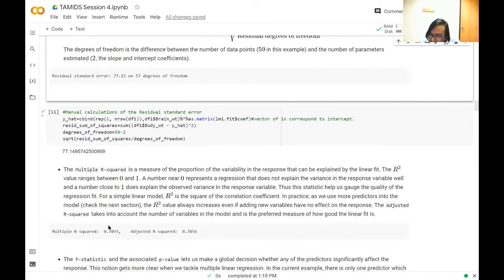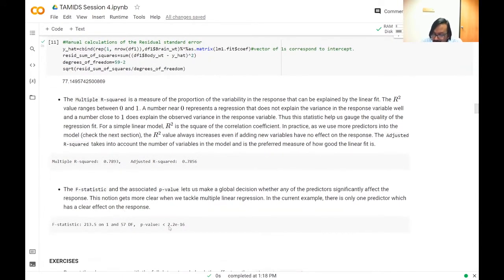The caveat is that even if you add a predictor that has got nothing to do with the response, the multiple R squared tends to increase, which is a problem because we don't want it to increase and make us feel like we are doing a better job when the predictors have got nothing to do with the response. So we look at the adjusted R squared that corrects for the number of predictors in the model. The adjusted R squared is the preferred measure of how good the linear fit actually is.